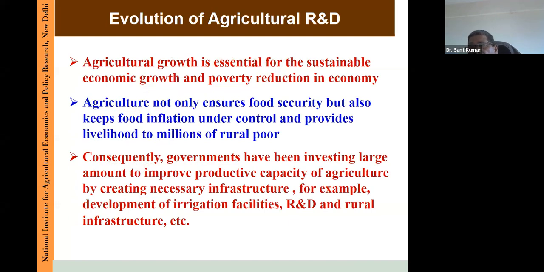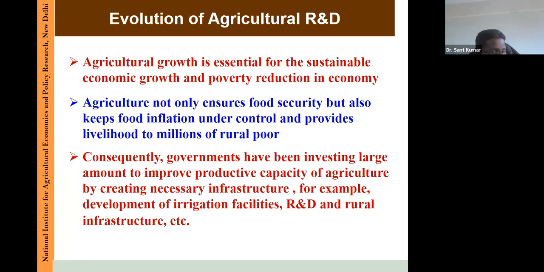Agriculture growth, as we all know, is essential for sustainable economic growth and poverty reduction in the economy. Agriculture not only ensures the food security of the country, but also keeps food inflation under control and provides livelihood to millions of rural poor.